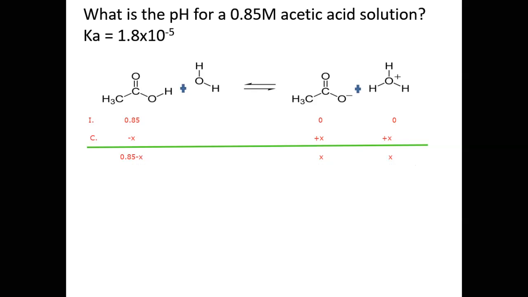Are we going to have to use the quadratic equation? No, we're not, because the Ka is a lot smaller than the initial concentration. So we can negate this minus x. So then what we get is 1.8 e to the negative 5 equals x squared divided by 0.85. We just work through the math.